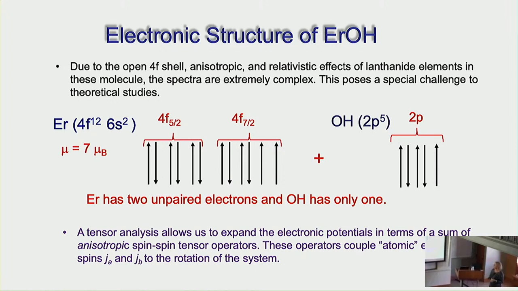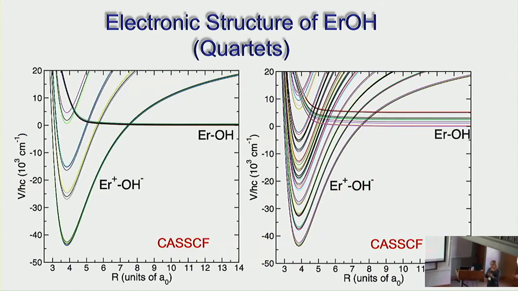We use tensor analysis, but I'm not going to talk too much about it, because all these anisotropic interactions are very important for the description of this kind of systems. Otherwise, it's too complicated. So this is actually what I called the ground configuration.